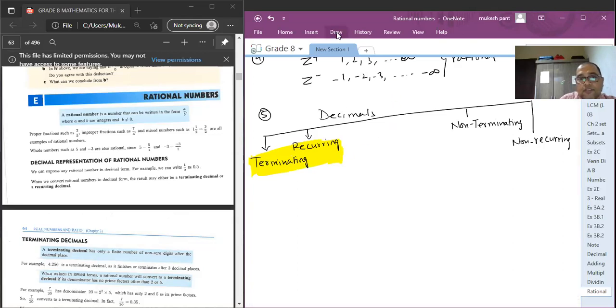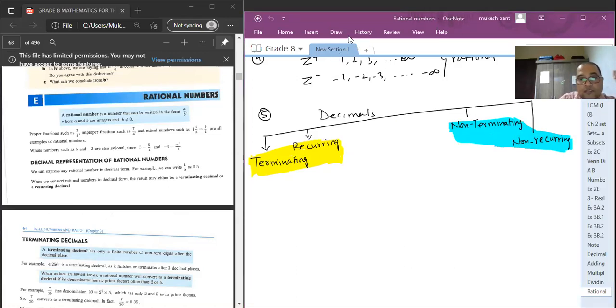But if it is non-terminating or non-recurring, it will not be rational. If anything is not rational, that is irrational. The opposite of rational is irrational. Simply add IR before rational, and that will be the opposite of rational.